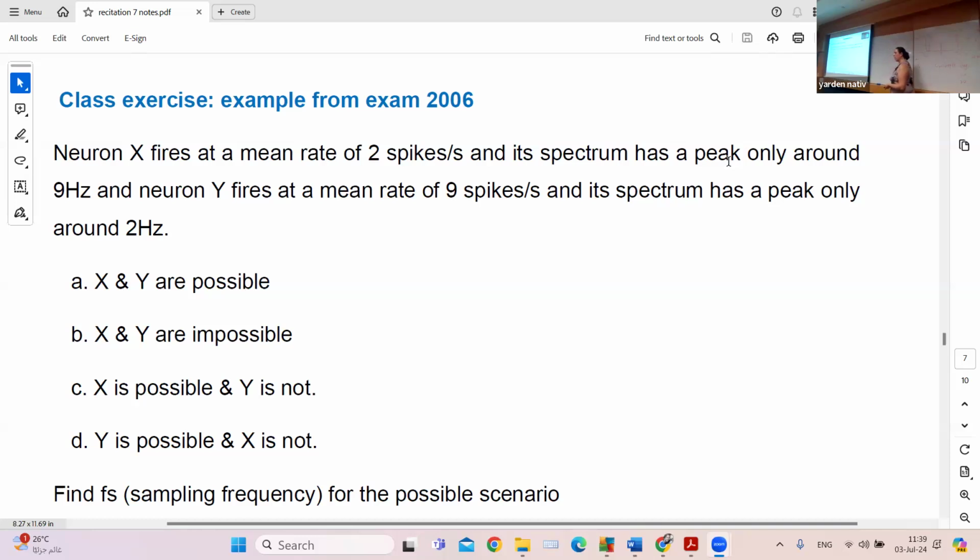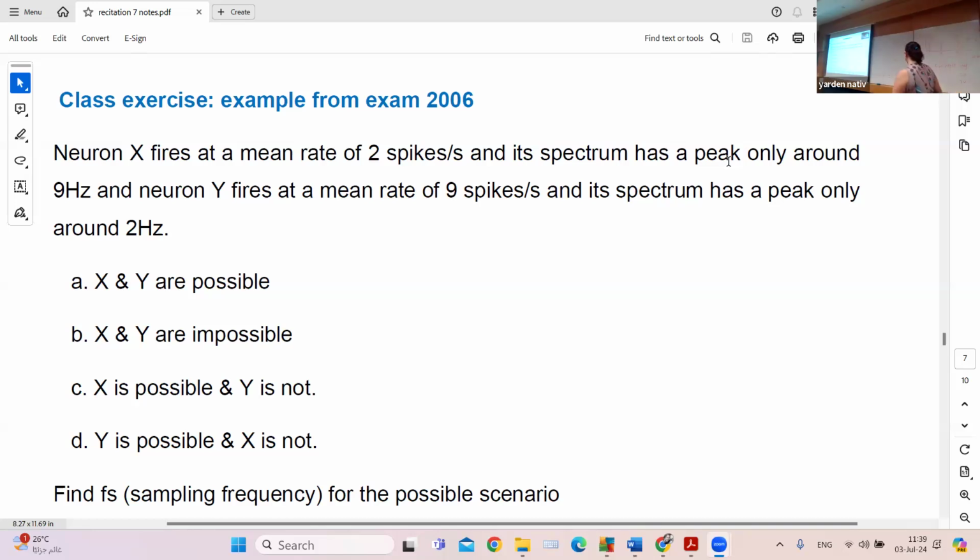So we could have either 11 or 7, right? Why 7? Because if it is 7, see, minus 7 plus 9 equals 2. So you could have a frequency either at 7 or at 11.